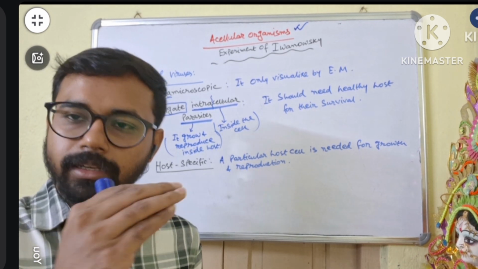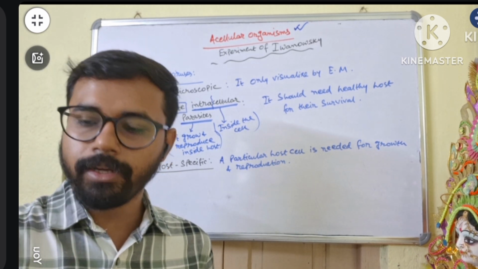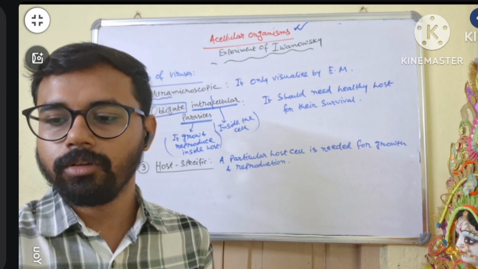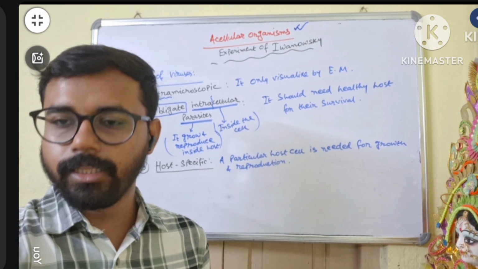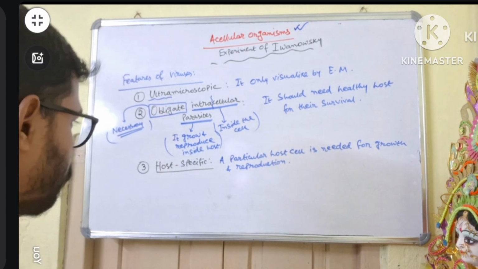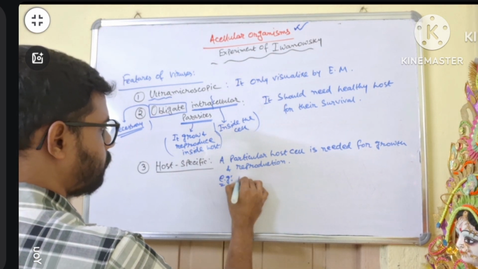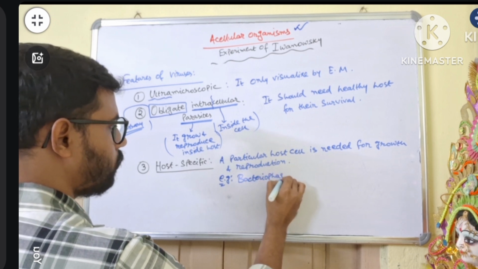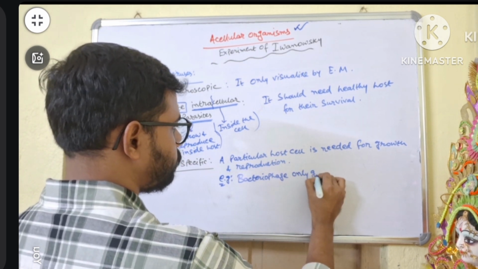Likewise, bacteriophage only infects bacteria. Does bacteriophage infect human cells? No. Why? Because a particular virus needs a particular host for its growth, its metabolism, its reproduction. So that is a good example. Bacteriophage only grows and reproduces inside bacteria.